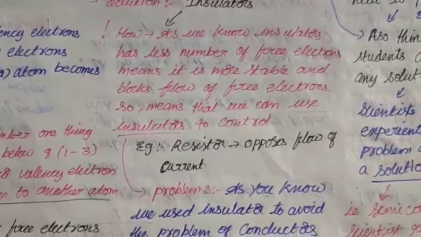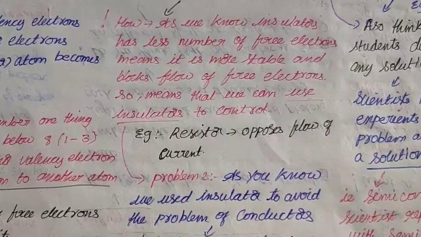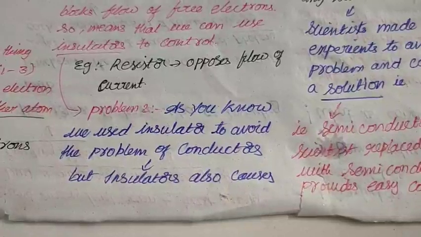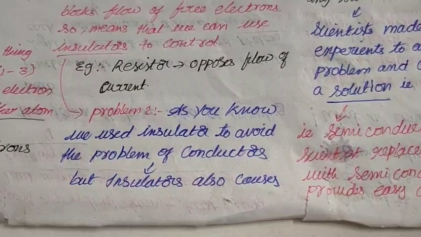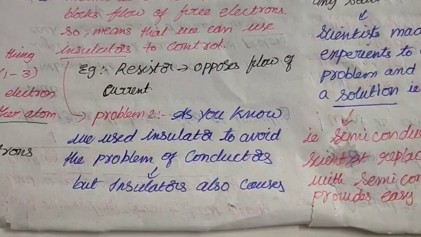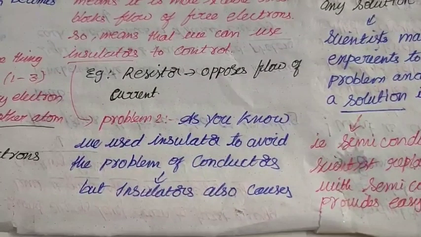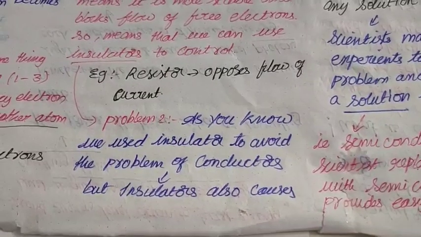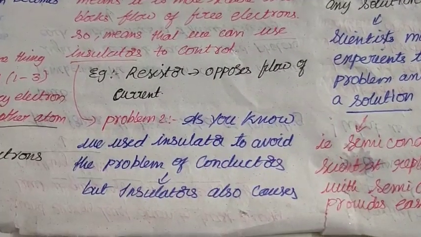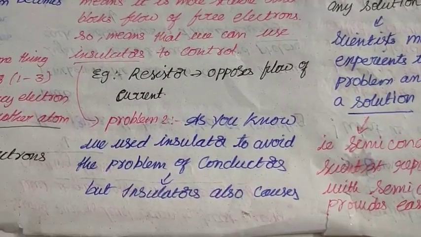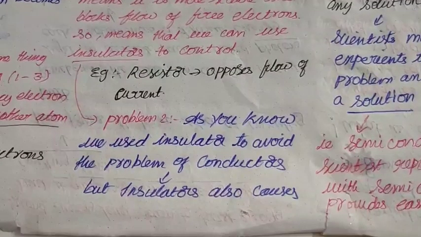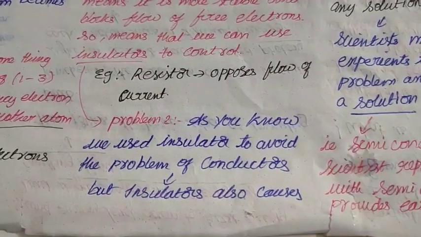We use a resistor to oppose the flow of current. By using this insulator, we solved the problem of conductors to some extent. But the insulator used to solve the problem of the conductor also caused another problem. What is it? Let's find out.